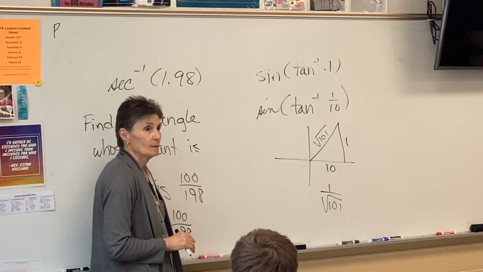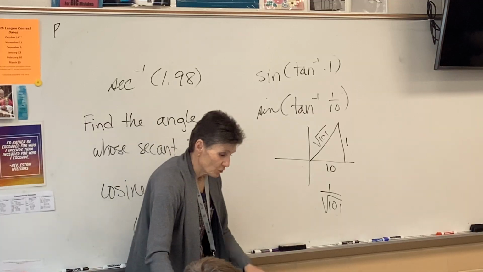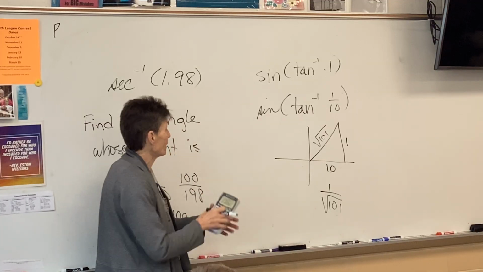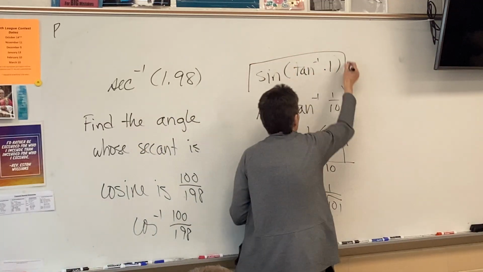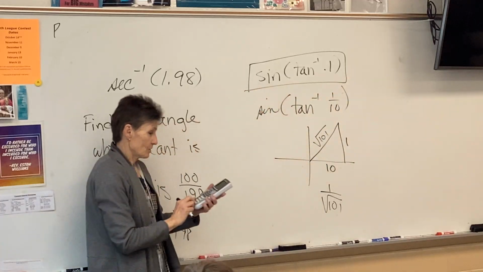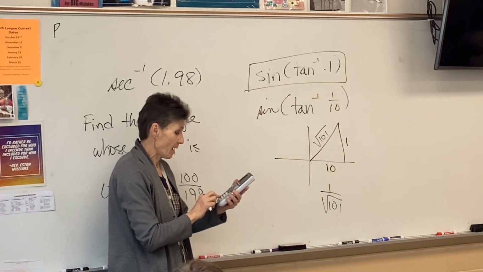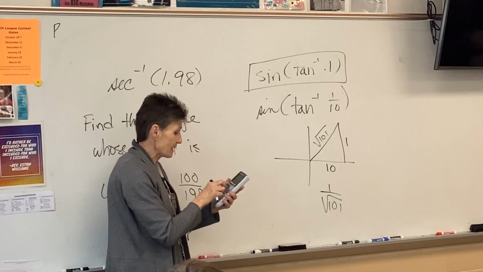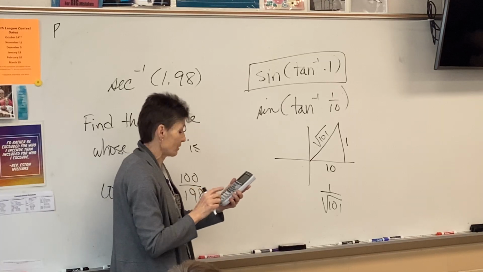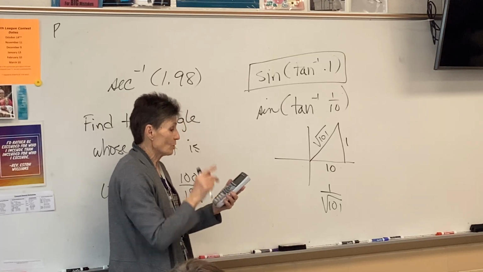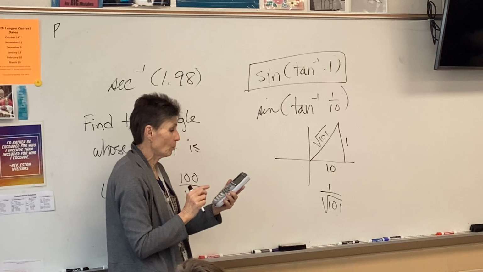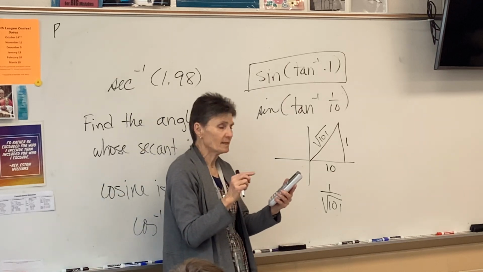Okay? Now, just to show you we know what we're doing, type this on your calculator. Sine, second tangent, 0.1. Did you get 0.0995?